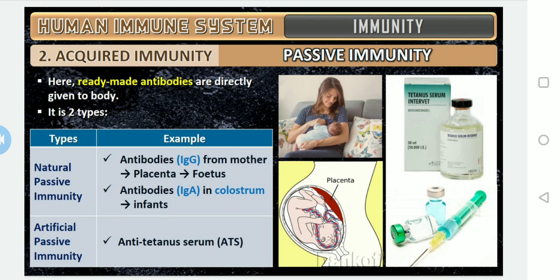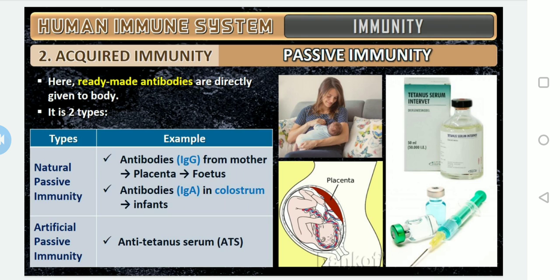Antibodies IgA are present in the colostrum. So how do infants get them? By feeding. By birth only they will get this. But for artificial passive immunity, there are anti-tetanus serums, which are given in the form of vaccination.